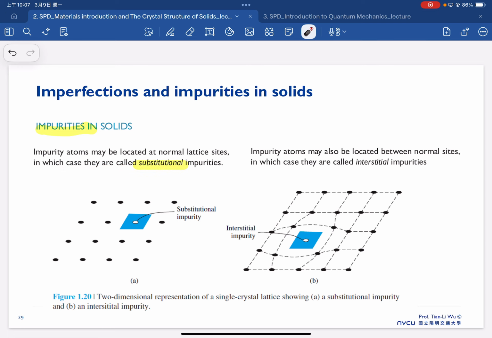That means this is an additional, unknown atom, but located in a regular lattice place. That's what we call substitutional. And we also have this one: impurity atoms might also be located between normal sites, and then they are called interstitial.